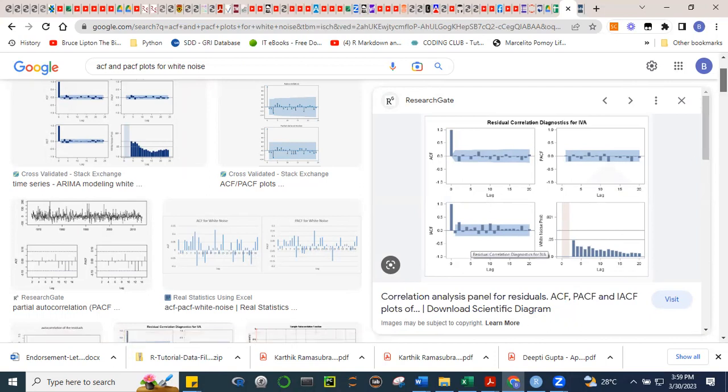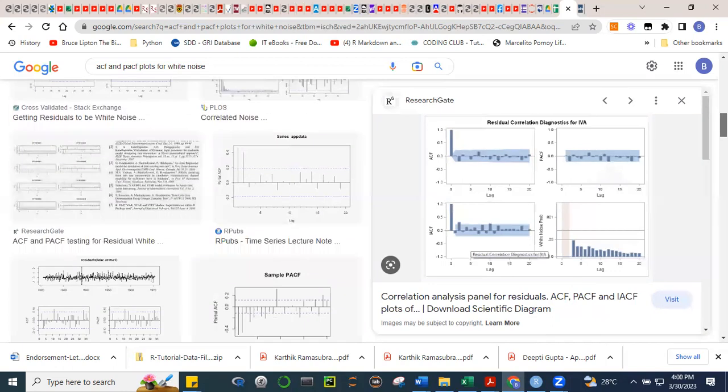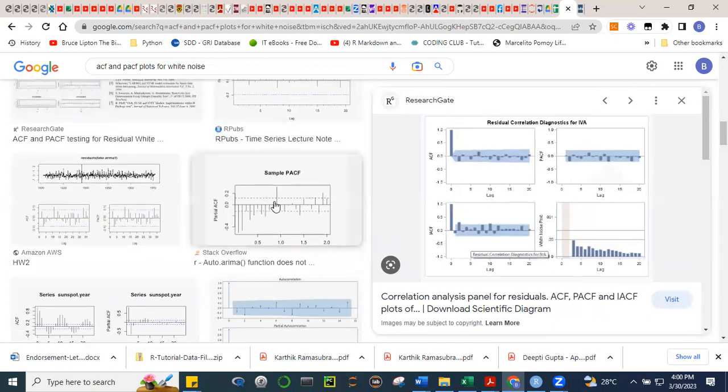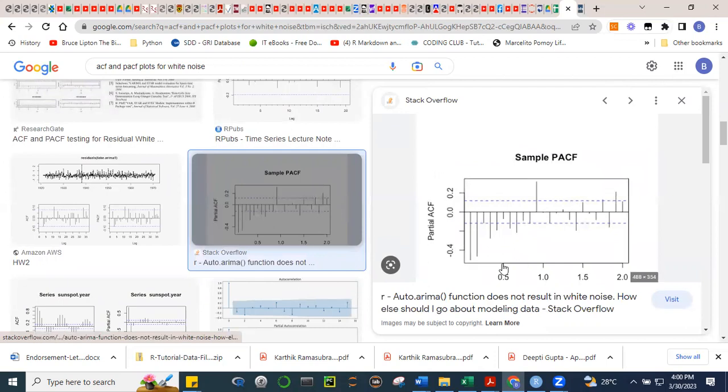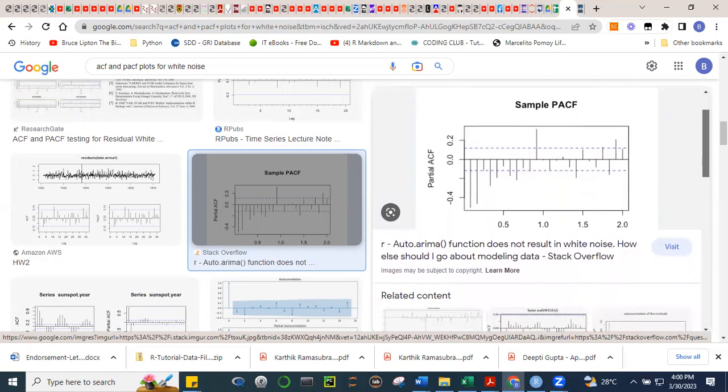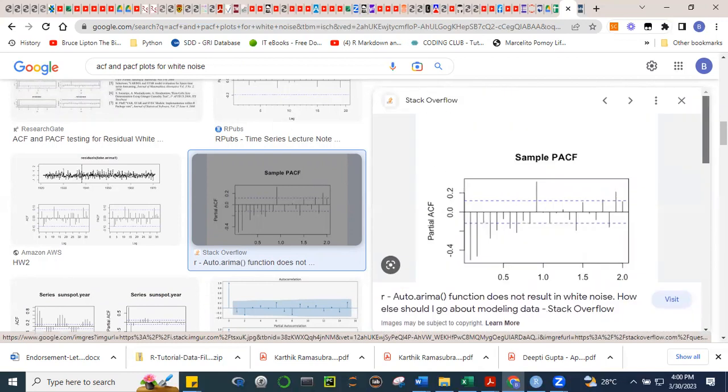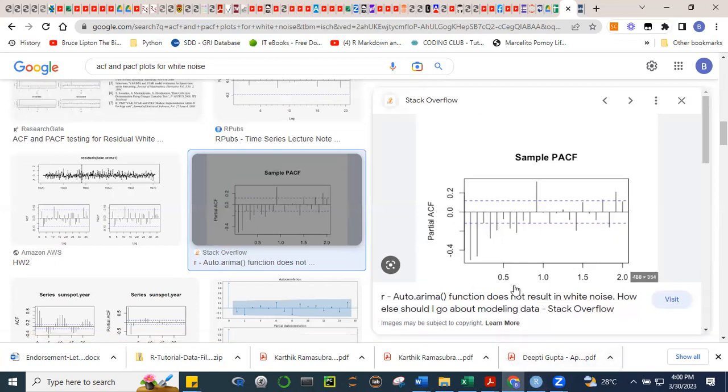Yung kanina, di ba, may mga significant spikes at lag 1, lag 2, lag 3. When your residuals are like that, for example, ito, PACF na to, no? Tingnan nyo, may mga significant spikes. It means, kung PACF to, meron pa tayong AR process na pwedeng i-model, kasi PACF to eh. It means that this is not yet white noise. So ibig sabihin, may pwede pa tayong ma-model dyan. So the goal is that after we model, dapat yung residuals natin white noise na, no?